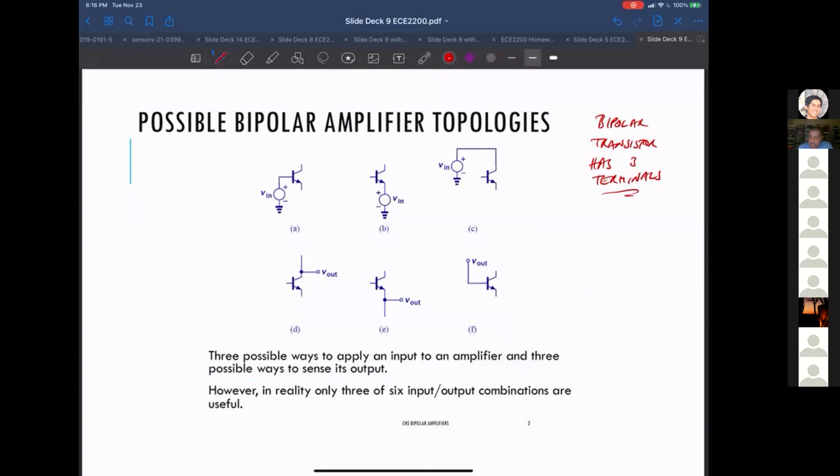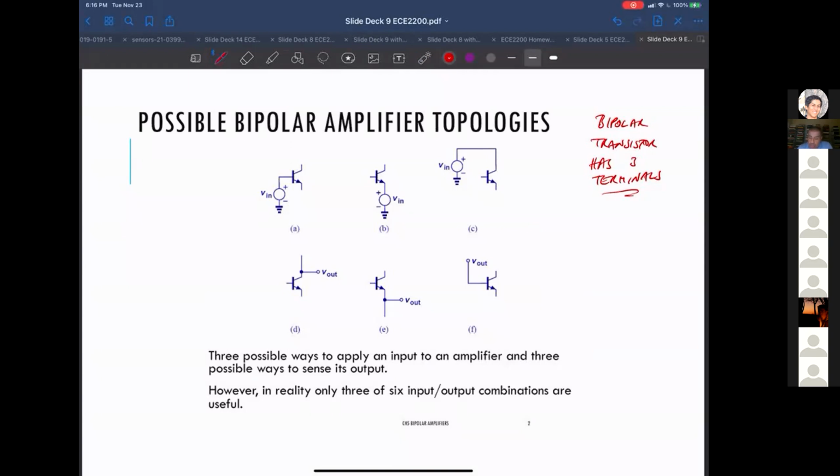But it turns out that there are only really a few. There are many different places you can put the input, different places you can take the output, and different places where you can put resistors and voltage sources.